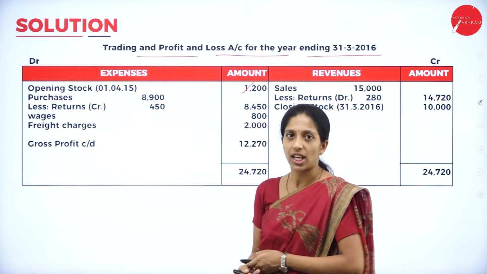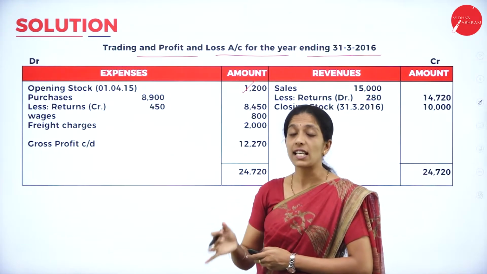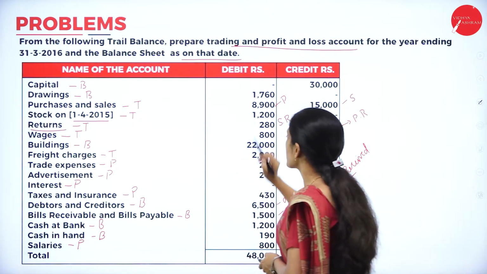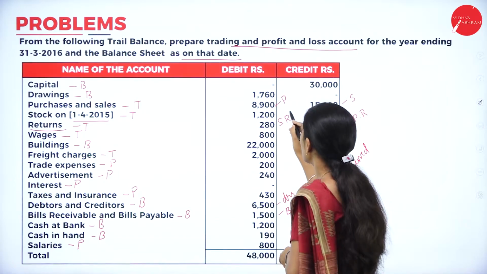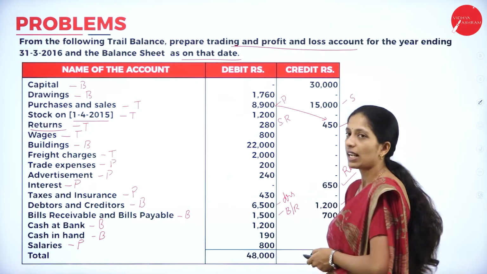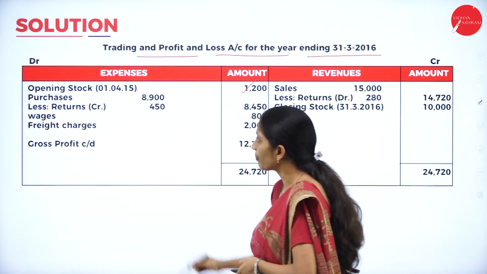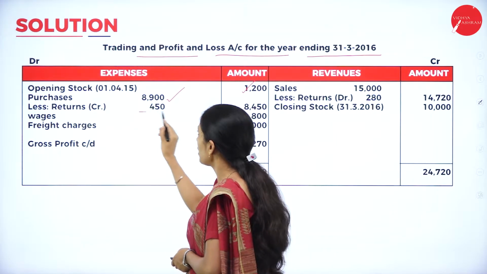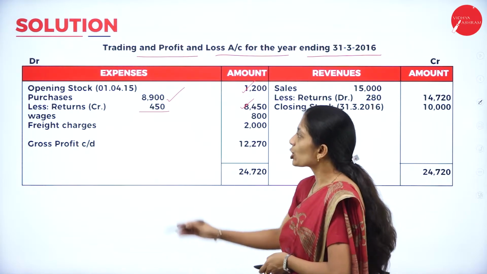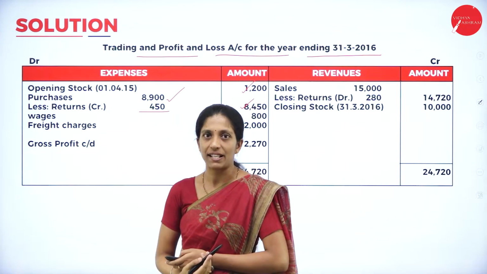Next, to purchases. So, to purchases less returns. Now, what is the purchase here? Purchase is 8,900 minus returns. Returns is 450. 8,900 minus 450, you will get 8,450. Next, you will record all the direct expenses, correct?